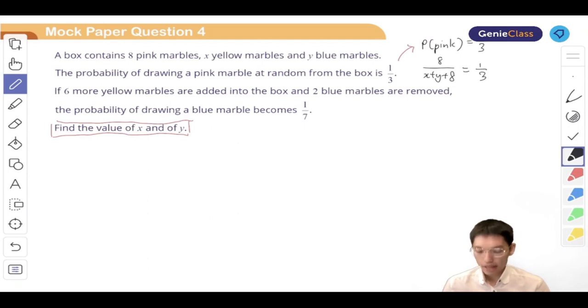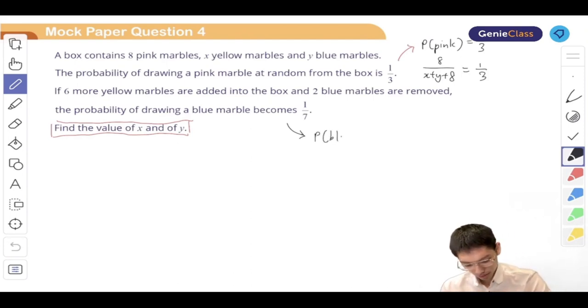Now, since the probability of a blue marble becomes 1 over 7, can anybody tell me, this one will take a while, what is the probability in terms of x and y of drawing a blue marble? I'll give you some hints over here.